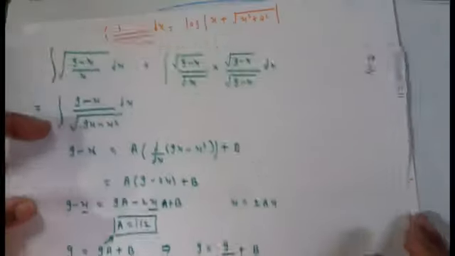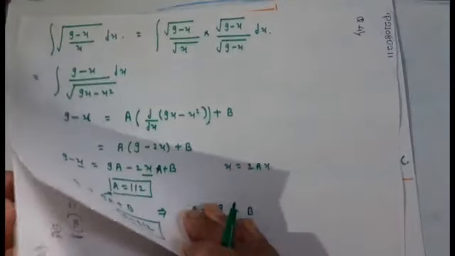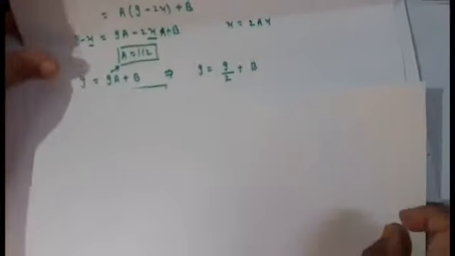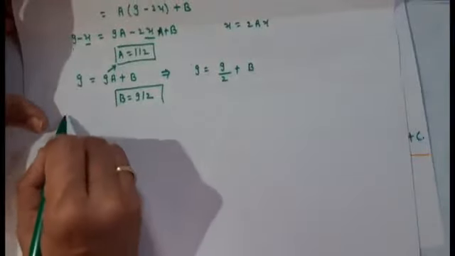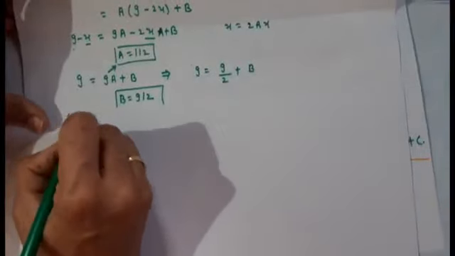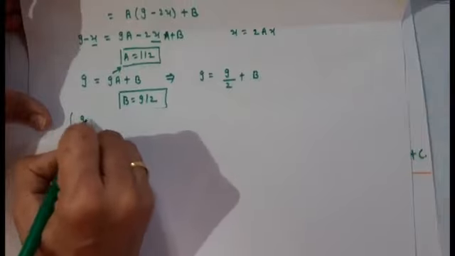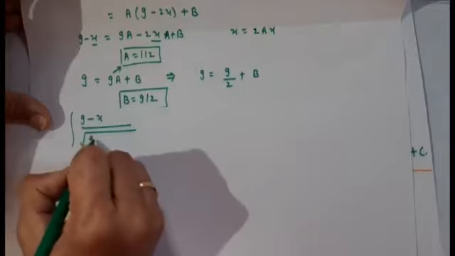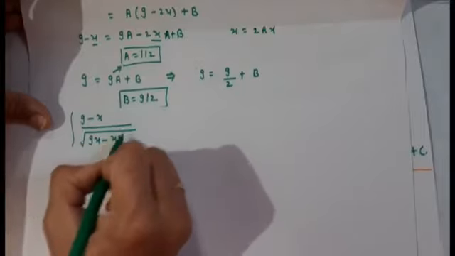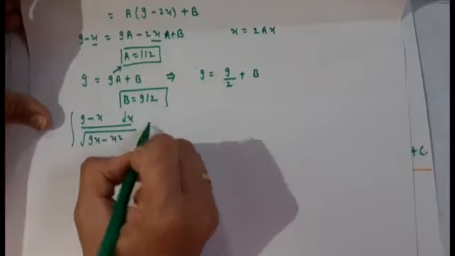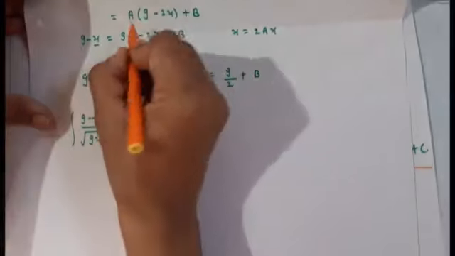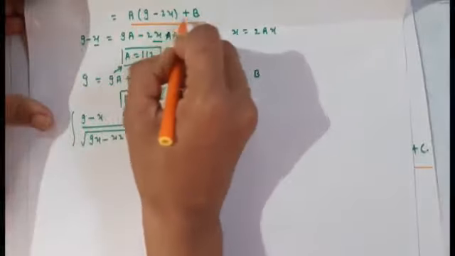Now our integral, that is the integration of 9 minus x upon square root of 9x minus x square with respect to x, equals: 9 minus x we can write in this way, that is a into 9 minus 2x plus b.